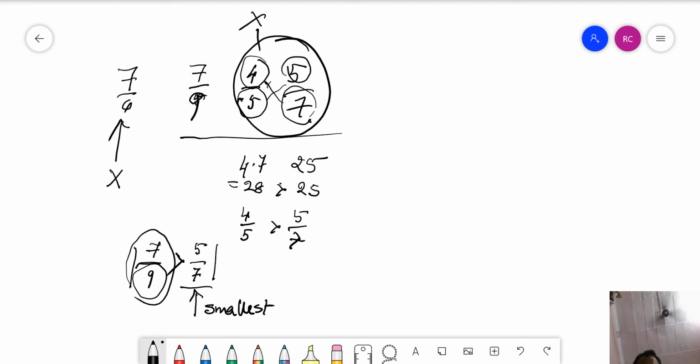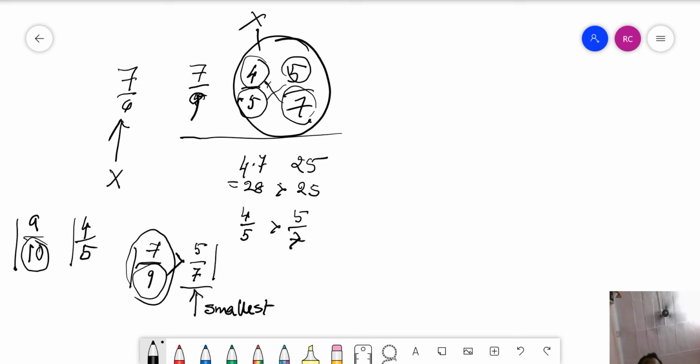The last point basically says that if there is say 9 by 10 and you have 4 by 5, the difference between the numerator and the denominator are the same. Both of them are 1.